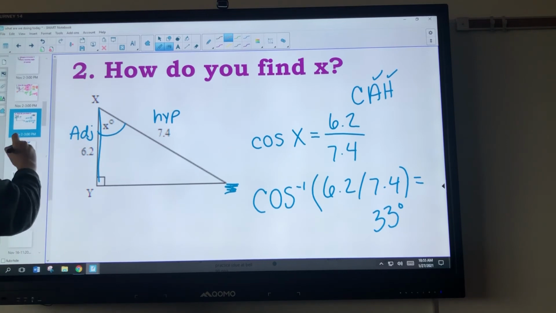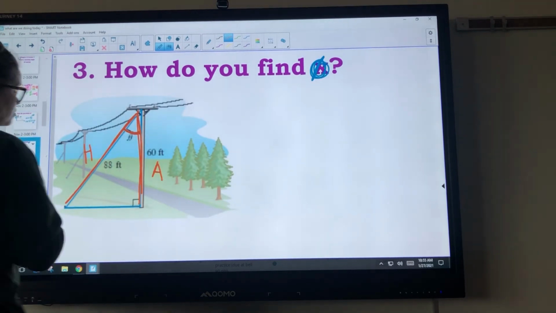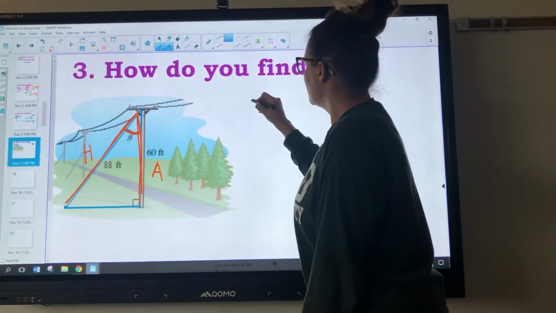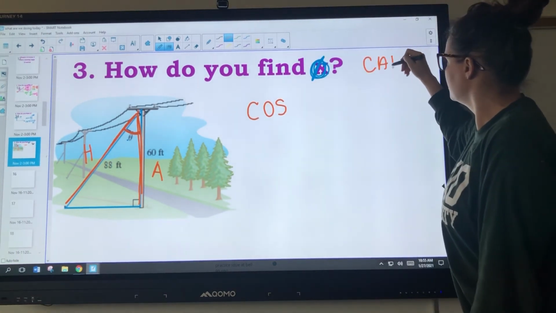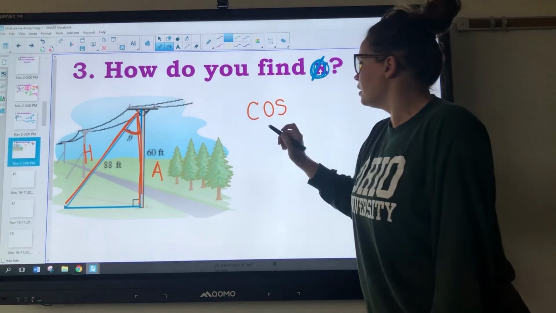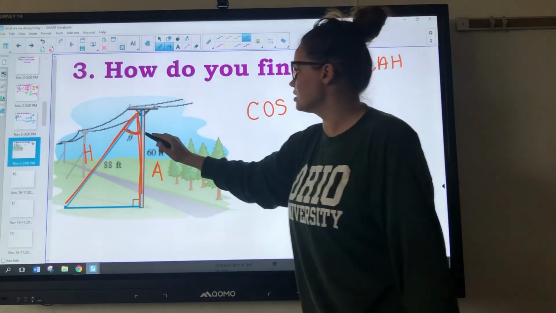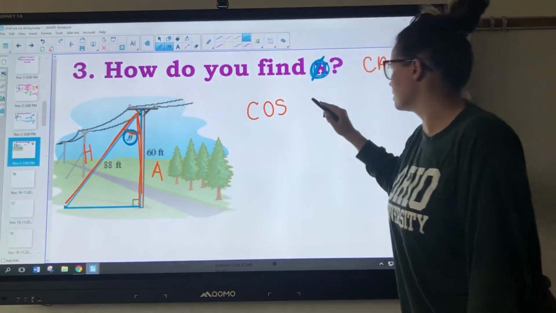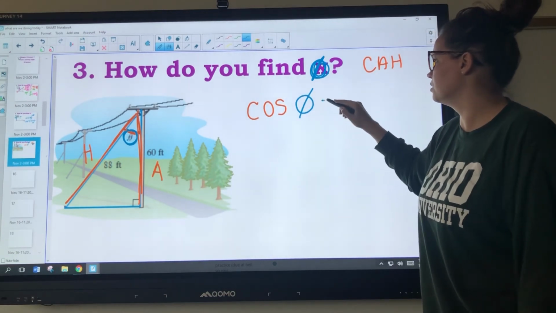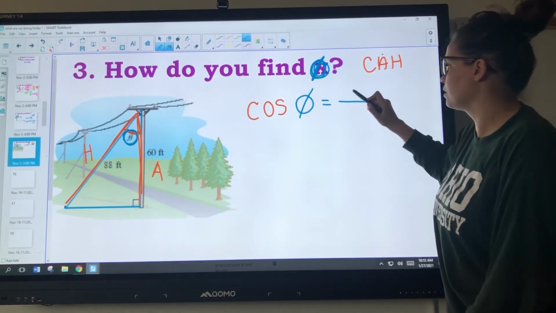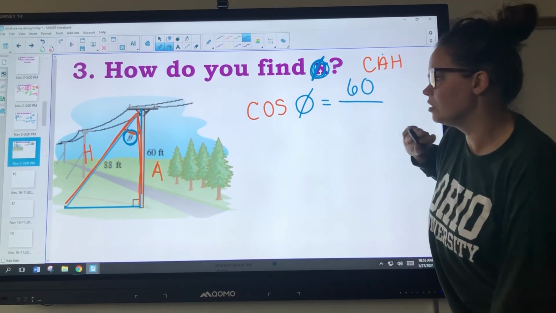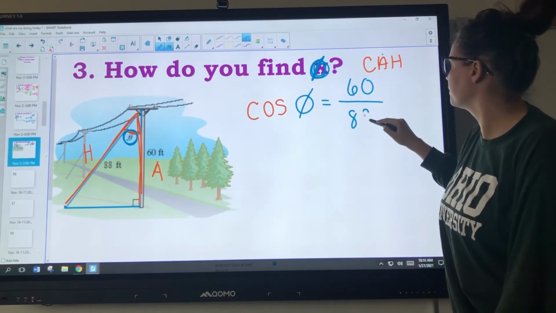Oh, adjacent hypotenuse. Okay, it's cosine again, who cares? Cosine, because of CAH. All right, this little thing goes here. The 60 has to go on the top. That's the rule. The 88 goes on the bottom.